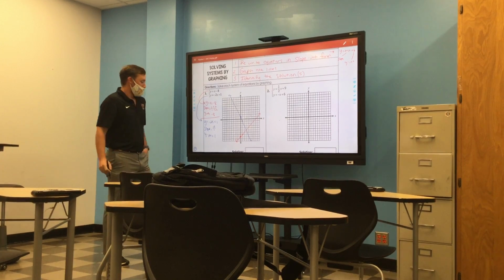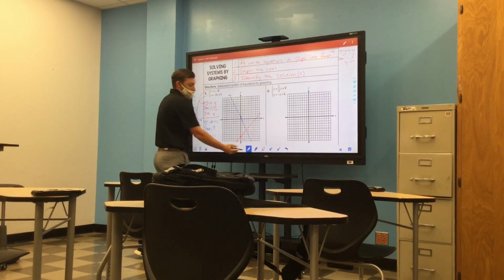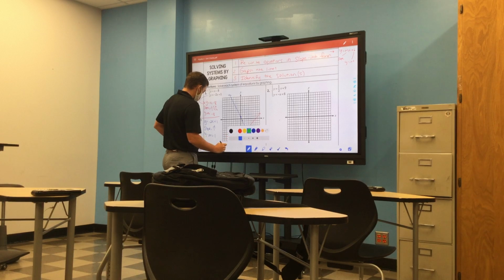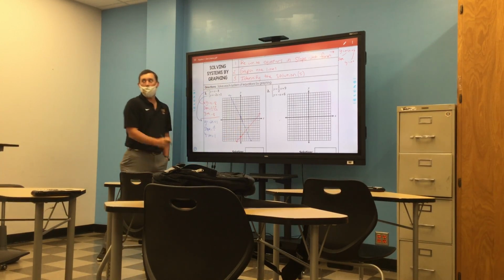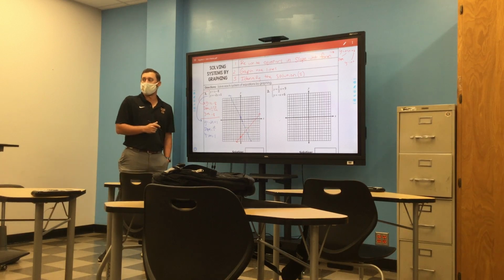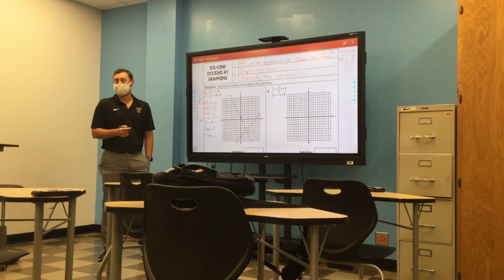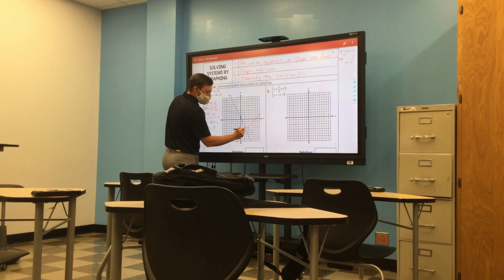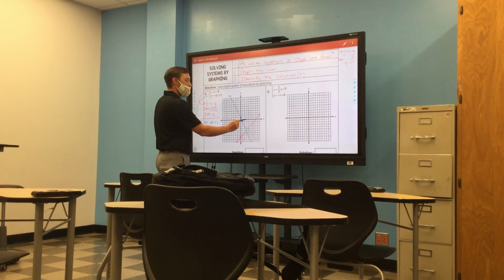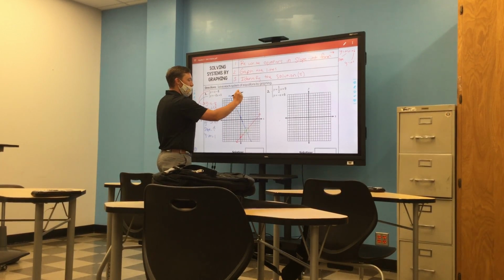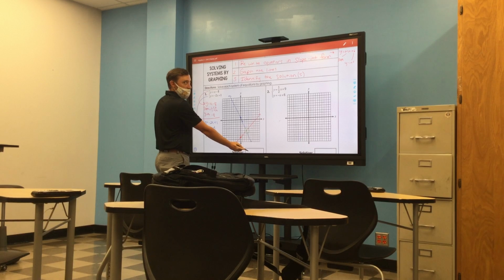All right. And what we want to notice is that right here we have a what? Intersection. Which means that I have what? A solution, right? And my solution is going to be at this point where they actually cross. We go to the right 3, so my x value is 3. You would write this in the solution right here.